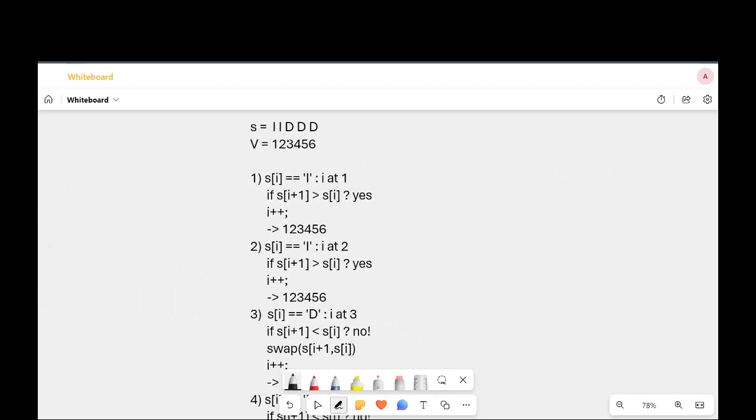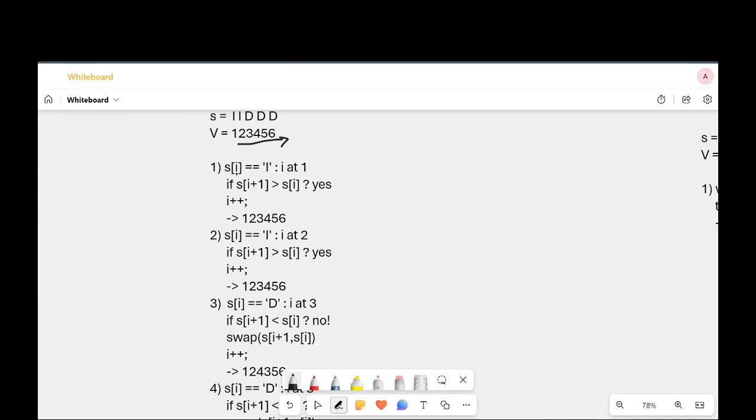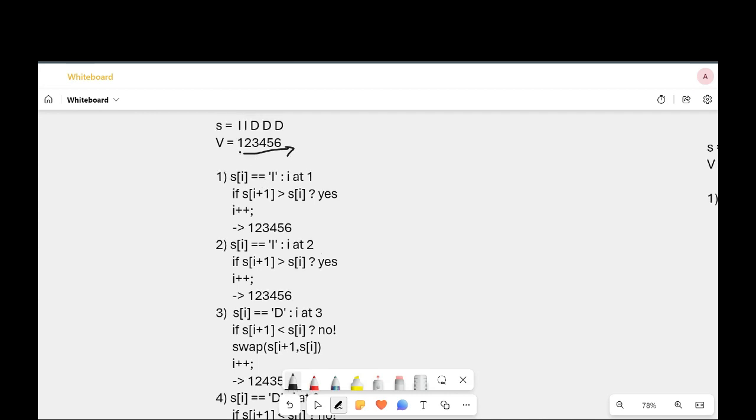For example, we have considered the smallest lexicographical number to be 1 2 3 4 5 6. What are the modifications we'll be doing according to the algorithm we saw earlier? First of all, if s of i is equal to I, my I is here at 1. At 1, if s of i plus 1 is greater than s of i, is 2 greater than 1? Yes. So my current answer is 1, 2, 3, 4, 5, 6.